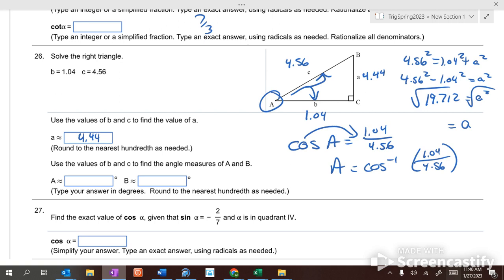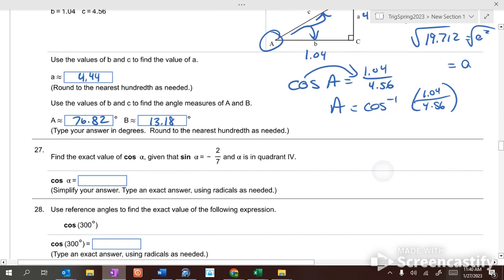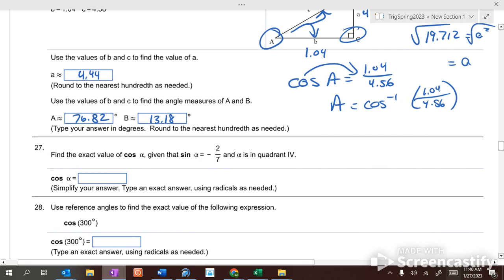You do that on your calculator and you get an angle to the nearest hundredth, 76.82. So that leaves us with 13.18 for the other angle, because they have to add up to 180, and there's a 90-degree angle right here.